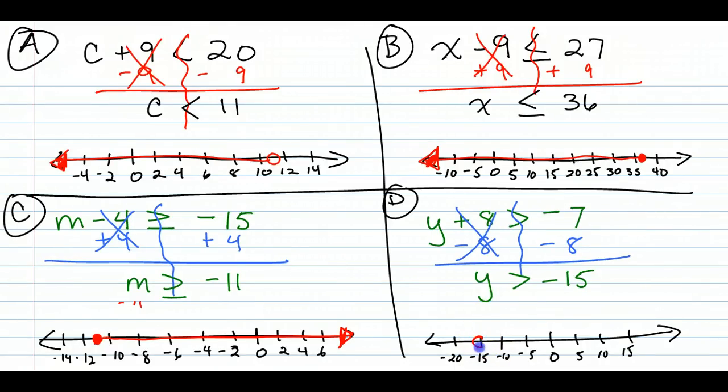Now it's going to be an open circle, because -15 is not greater than -15. That doesn't work. So not going to the party, open circle, and the arrow is going off to the right, the same direction as the inequality sign.